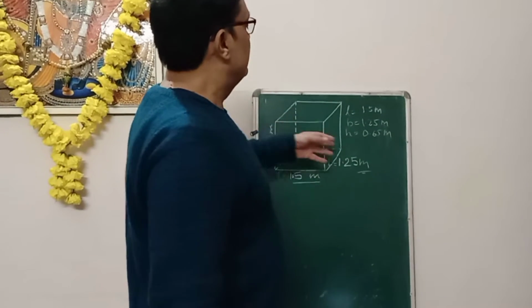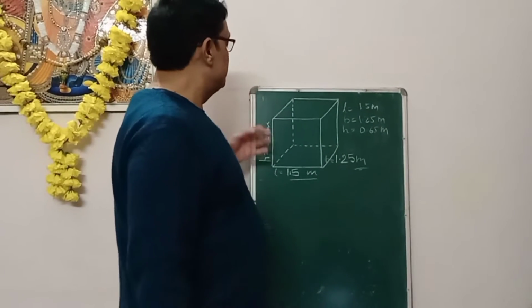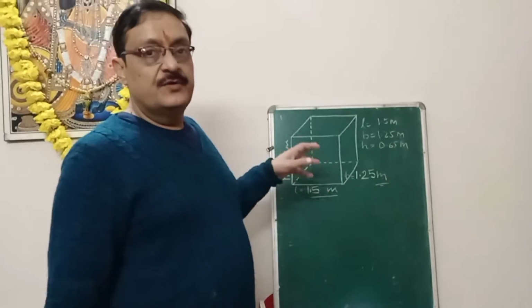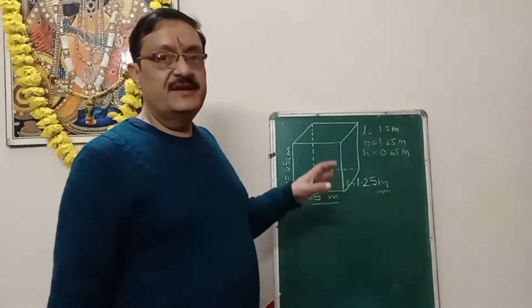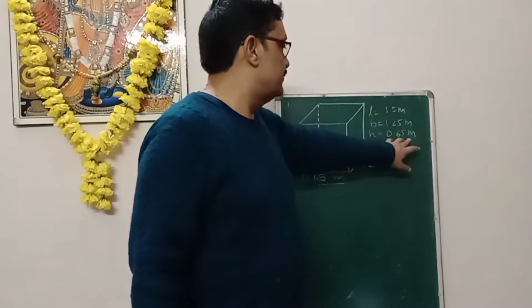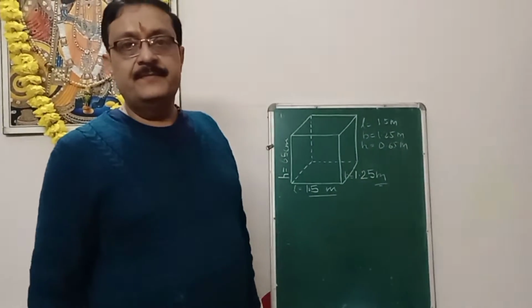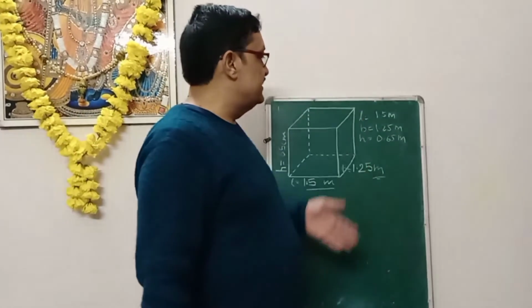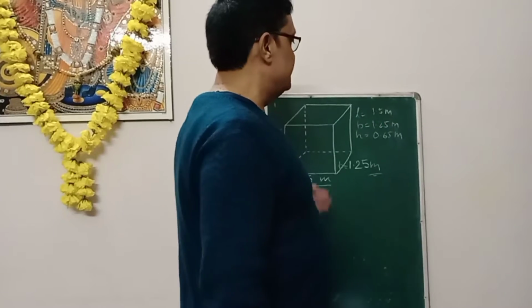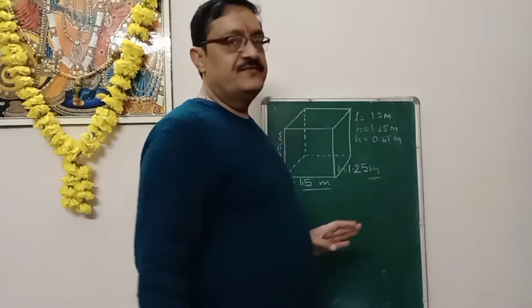Converting from centimeter to meter, we need to divide by 100. Only then it will become meter. So this will become 0.65 meter. Now our dimensions will be L is 1.5 meter, B is 1.25 meter, H is 0.65 meter.